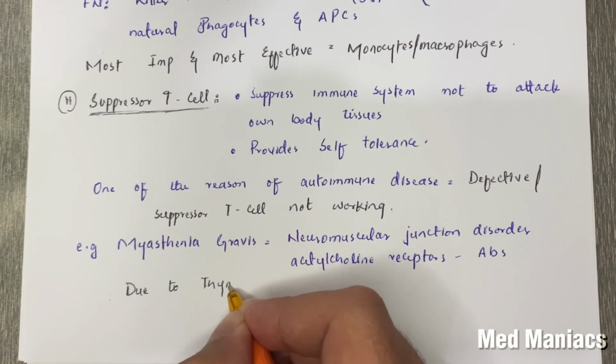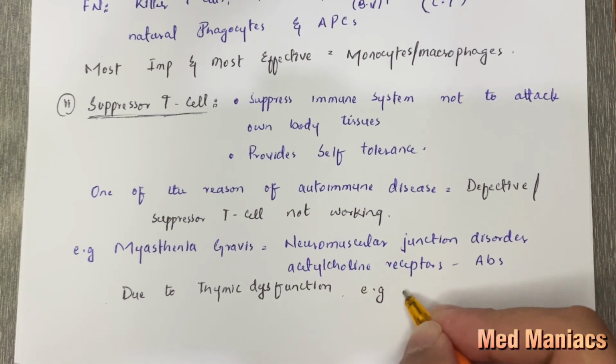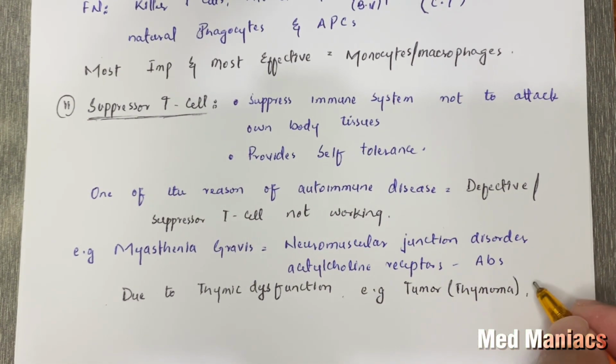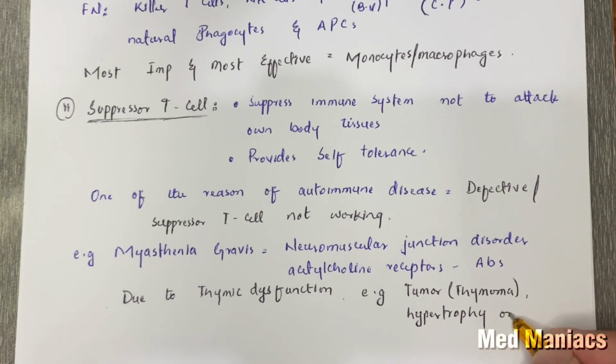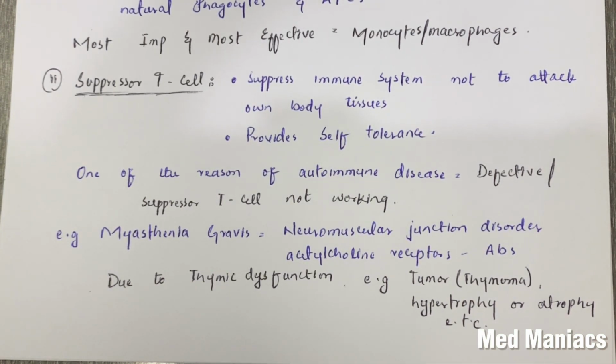This disorder is due to thymic dysfunction, for example, tumor, thymoma, hypertrophy, or atrophy, etc. As we all know that T cells are functionally matured in the thymus. So if the thymus is not working properly, then we get the autoimmune myasthenia gravis.